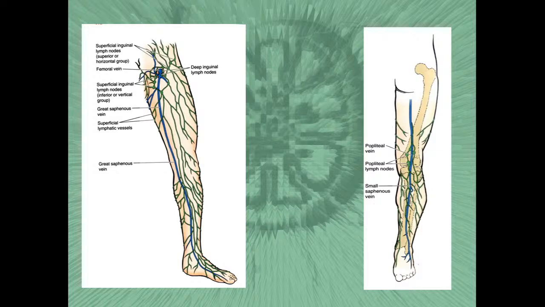Then lymph drains into the external iliac lymph nodes, then to the common iliac lymph nodes, then to the lumbar trunks, and through the lumbar trunks into the thoracic duct. Pay your attention. Here no differences for the right and left, because right and left lymphatic trunks match together and form thoracic duct.